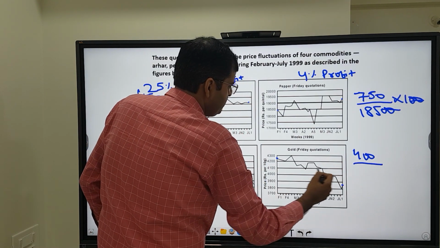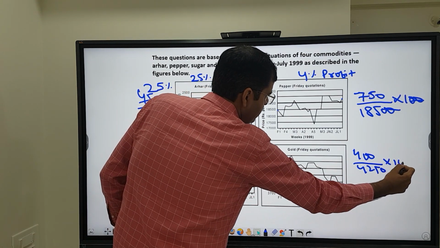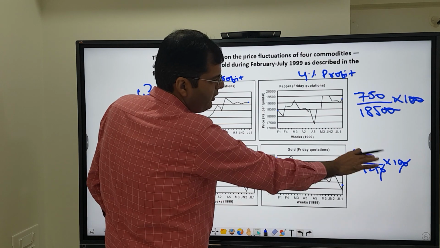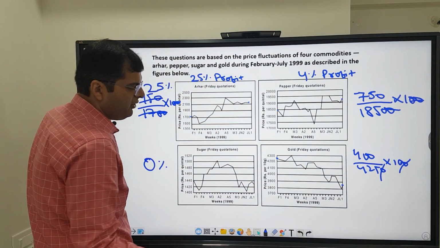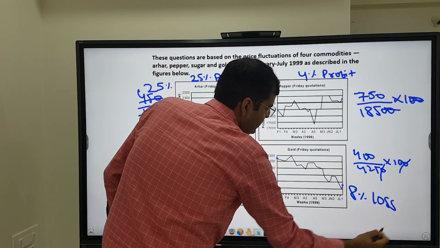It's a loss situation. And what is the percentage? Start from 4250 into 100. So basically 400 on 4250, somewhere around 8% loss, almost 8% loss.